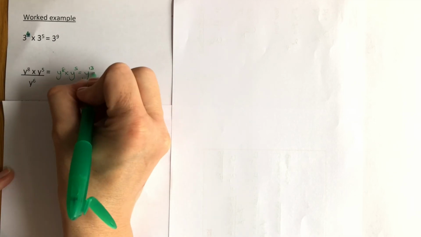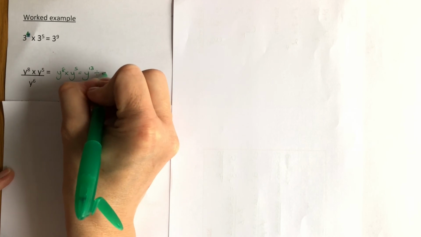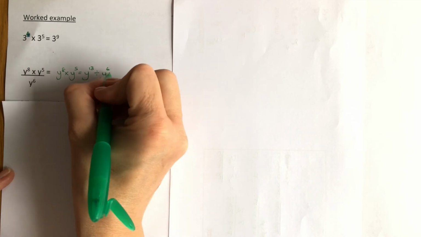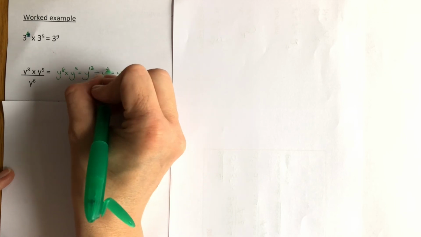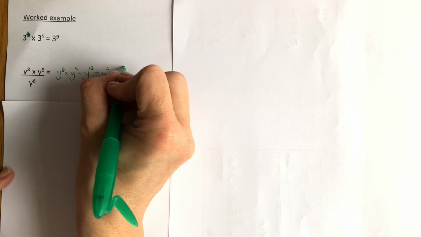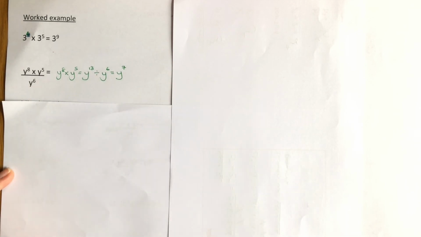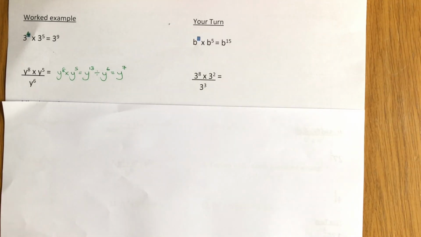And then we're going to divide that answer by y to the 6. So 13 minus 6 is 7. Okay, so just do it one step at a time. Okay, so I've got 2 for you to do. Press pause, have a go, and then we will go through them.